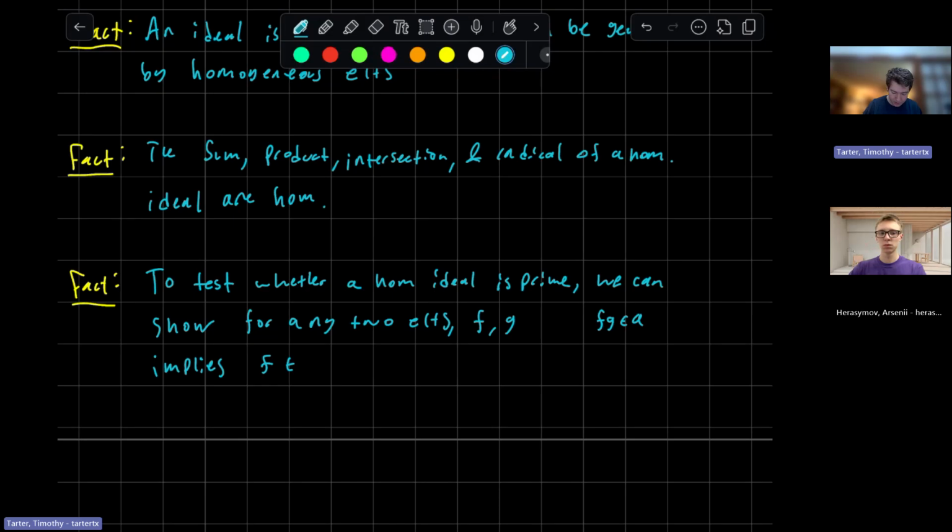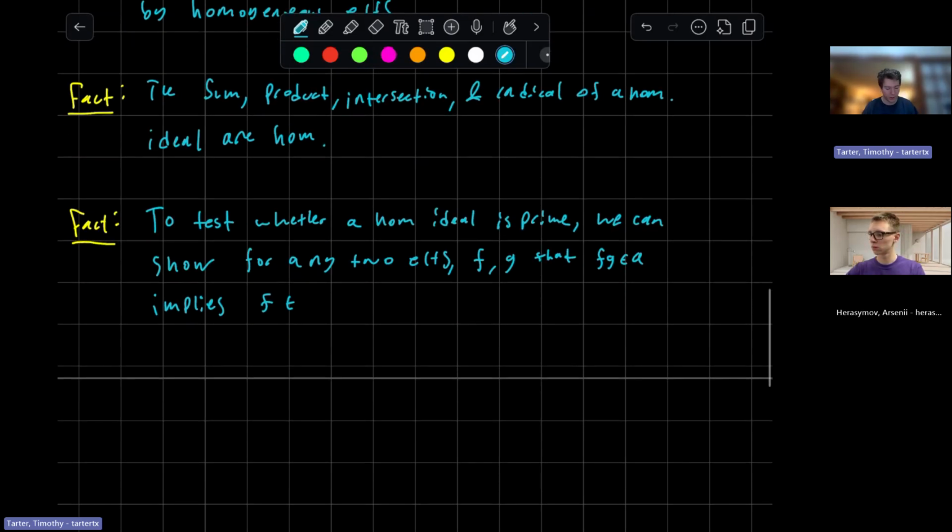For any two elements F and G, FG in A implies F in A or G in A. So basically, if the product of two elements is in something, then either one has to be in there or the other has to be in there.